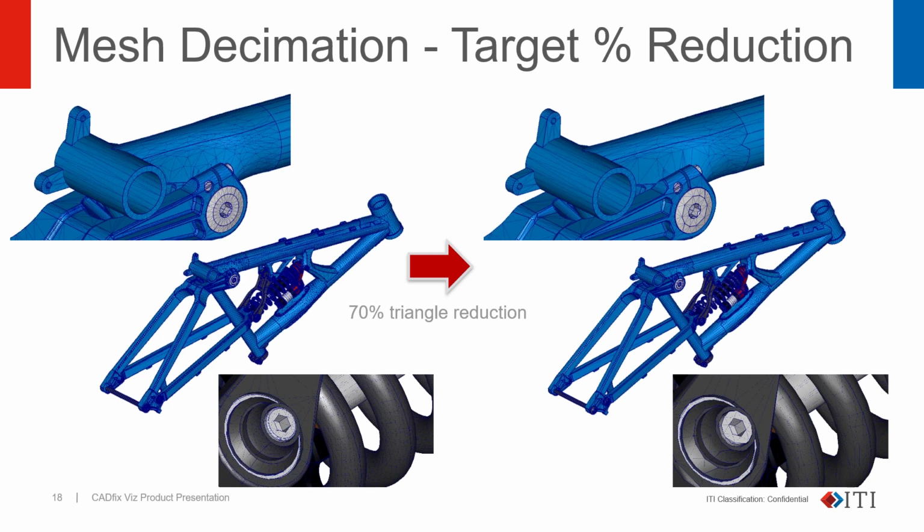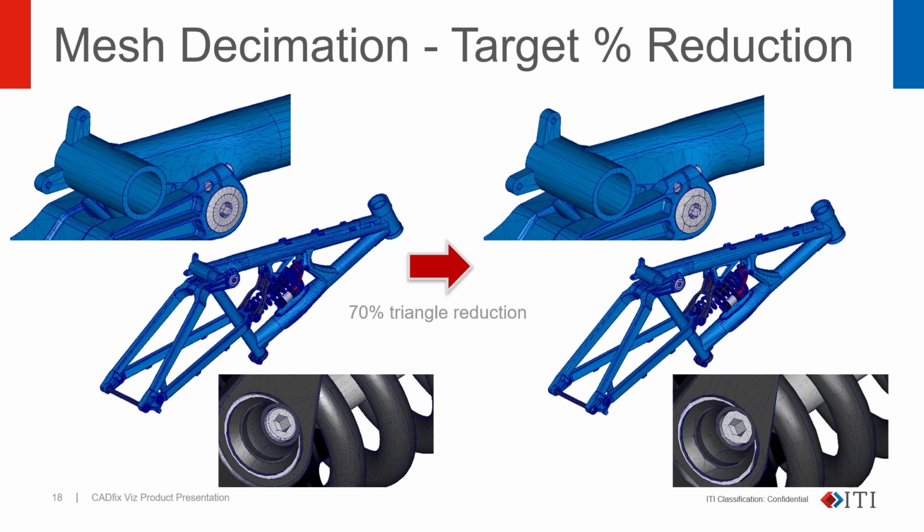The other one is what we call mesh decimation. Essentially, at the end of the day, it's remeshing the model with the goal of removing as many triangles as possible, all with the constraint of that user-required accuracy. The user sets that maximum geometric change, and then to balance that, they set a target for decimation.